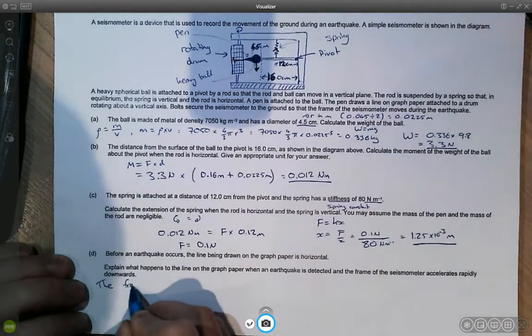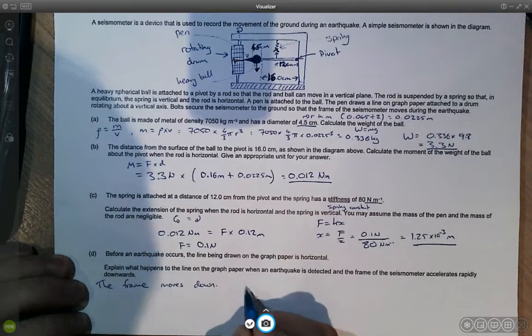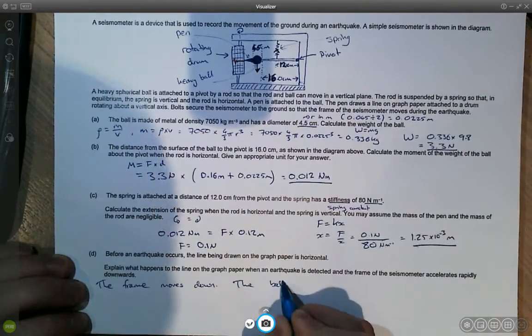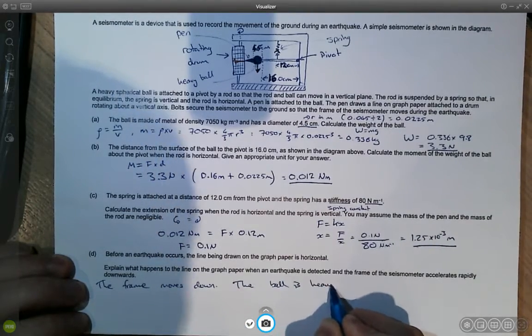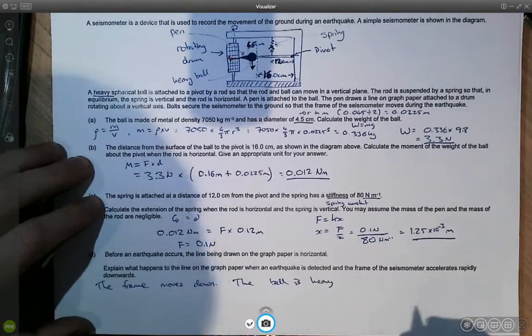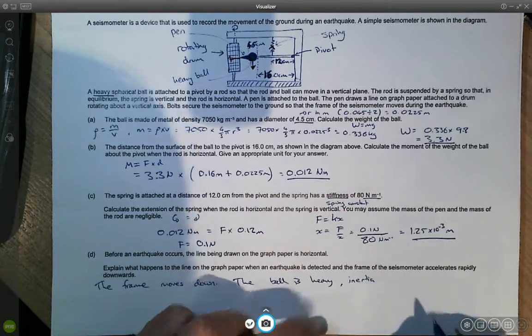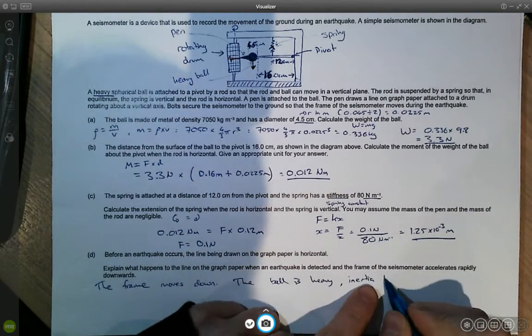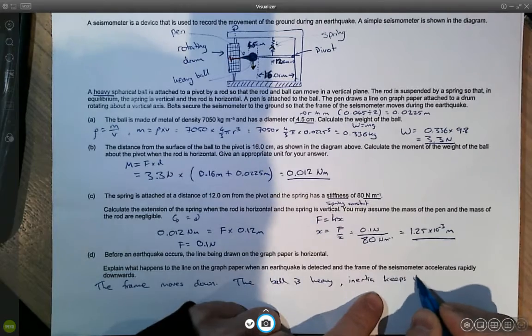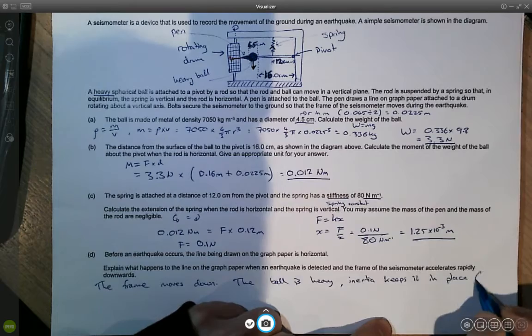The frame moves down. Now the ball is heavy, and it tells us that. So that means it's very massive, has a lot of mass, which means that it has inertia, which is resistance to movement. So inertia keeps it in place, only for a short period of time.